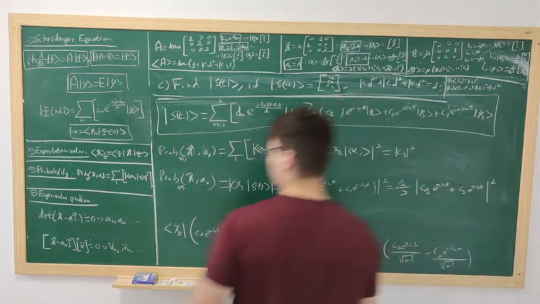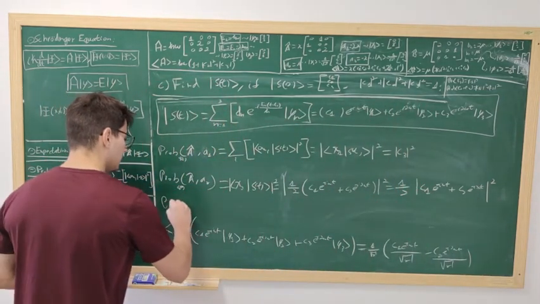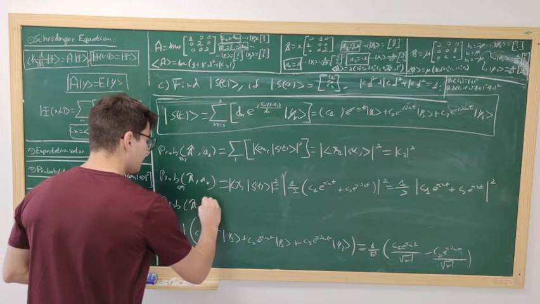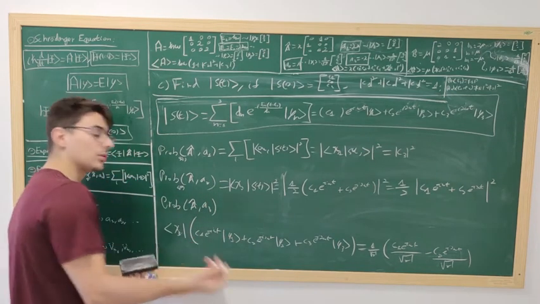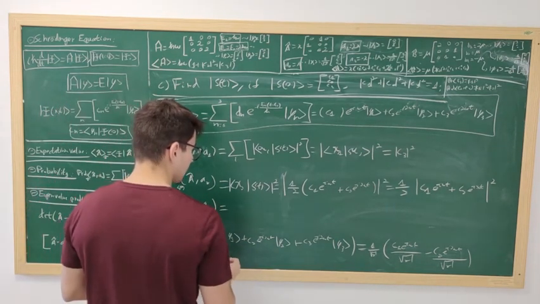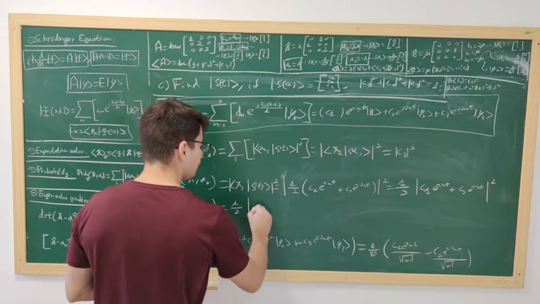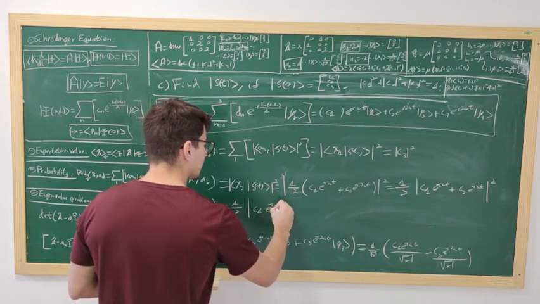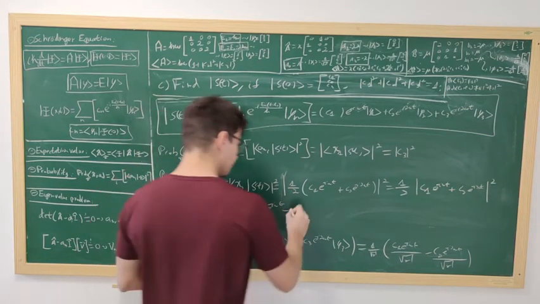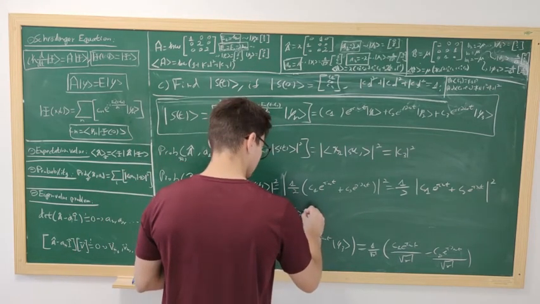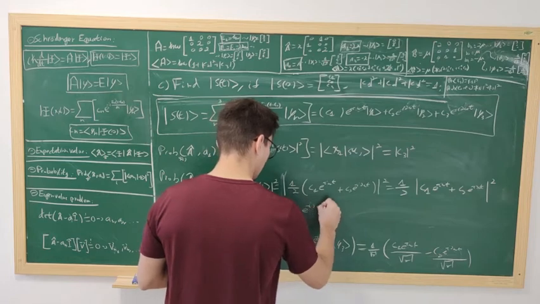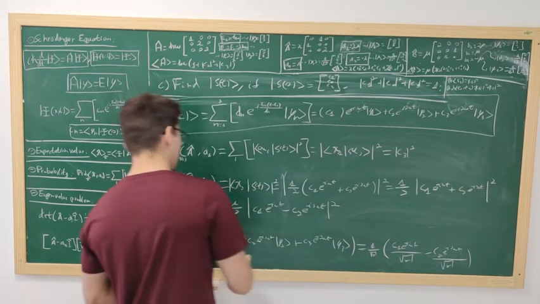So the probability of measuring A3 when we measure A is 1/2 c1 e to the minus I omega t minus I2 omega t squared.